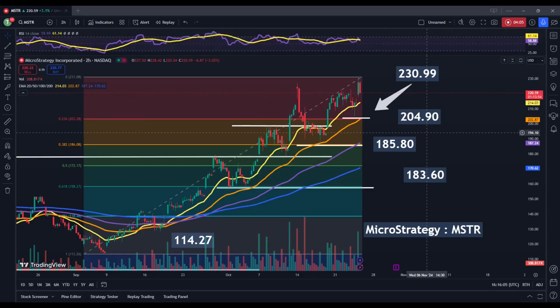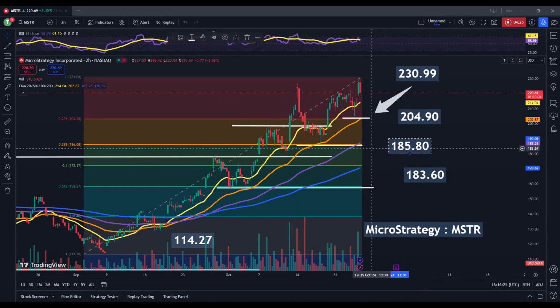If people were looking for opportunities to buy this stock on a dip, on a retracement lower, probably more of a shorter term trade in my view, I would be looking at this 204.90 level as one potential candidate, although there are levels lower from there as well. Some of the prior levels that we were watching still look very valid in my view.